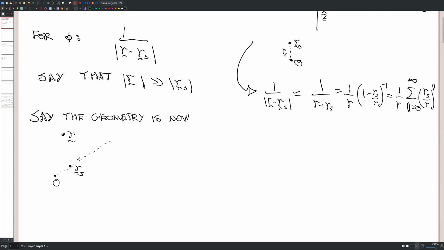And we already know what the general solution of the Laplace equation is in the case of an azimuthally symmetric configuration.